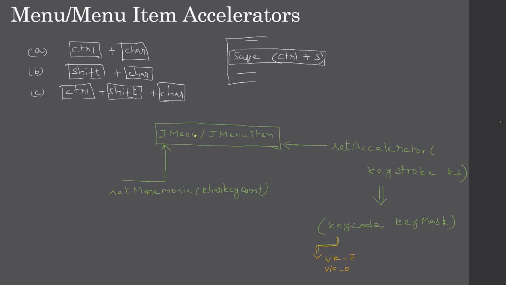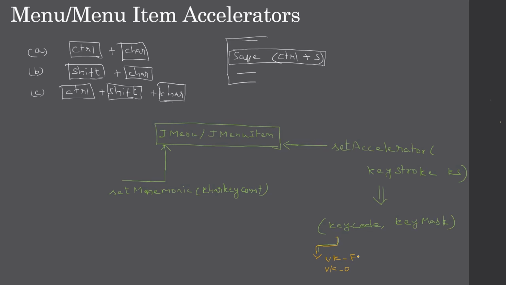So here we can create a JMenu or JMenuItem using set mnemonic. You can pass a char key constant that will set the mnemonic. To set accelerator, you need to pass a keystroke, and this keystroke will accept 2 parameters. One is key code. Here we can pass a key code constant like VK_F, VK_O.